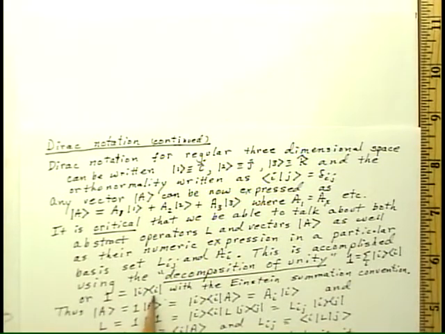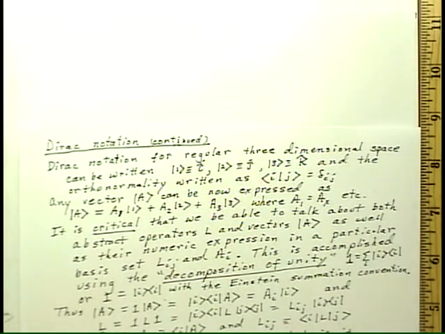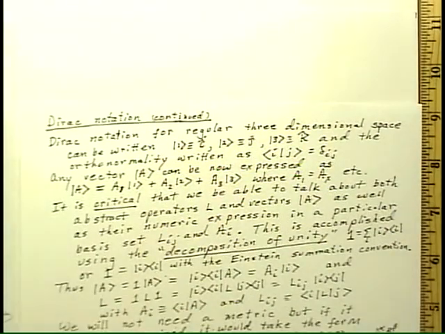Now the implication here is this first vector projects onto the system and takes its scalar product, takes that number and uses it as the component multiplying the ket vector. So the bra does a projection onto one side of the operator or the vector, and then that is used as a component.